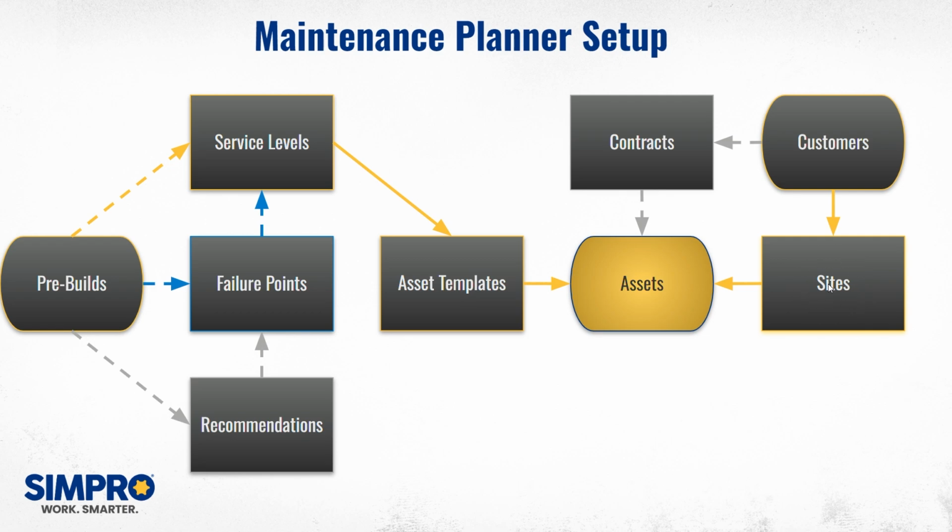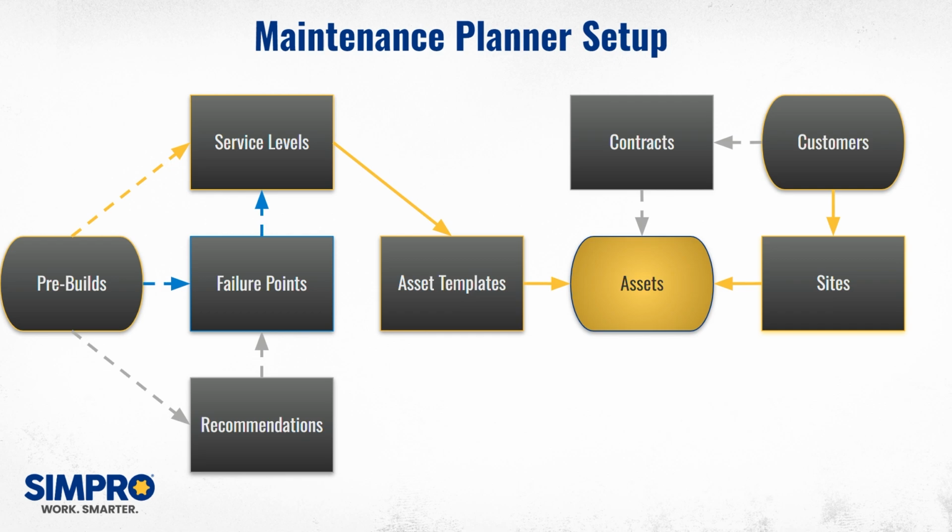These all have solid arrows to indicate that they're the minimum necessary components that need to be configured in Simpro when utilizing Maintenance Planner. The dotted line arrows flowing to and from our pre-builds, recommendations, failure points, and our contracts all indicate that these areas aren't mandatory, but are useful components within the Maintenance Planner.